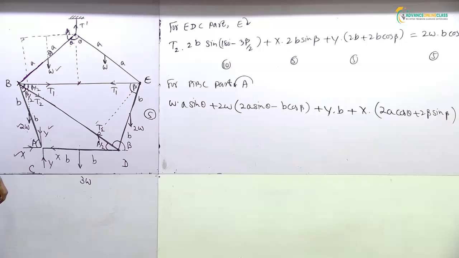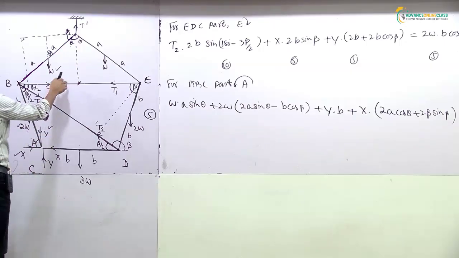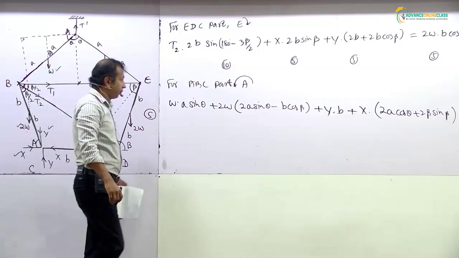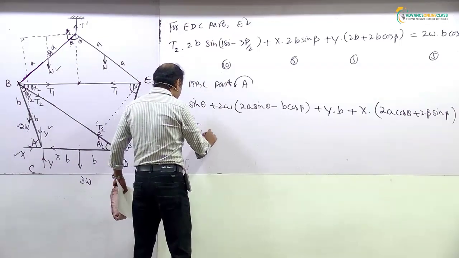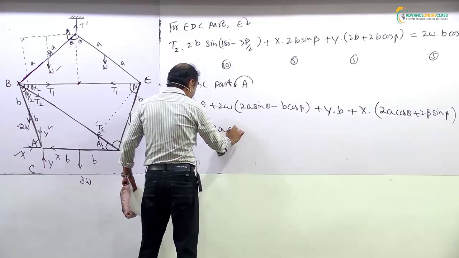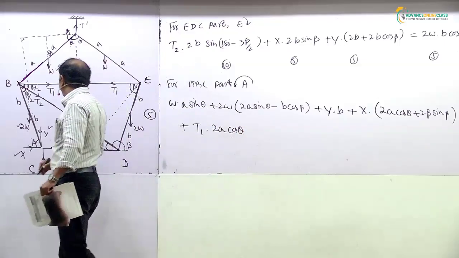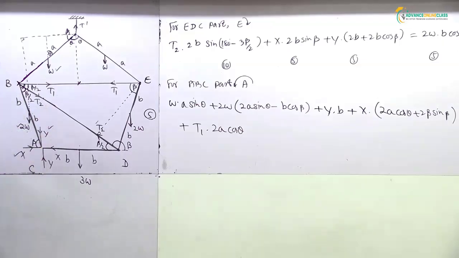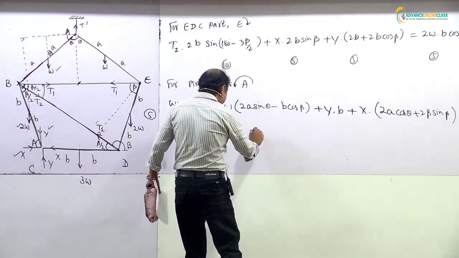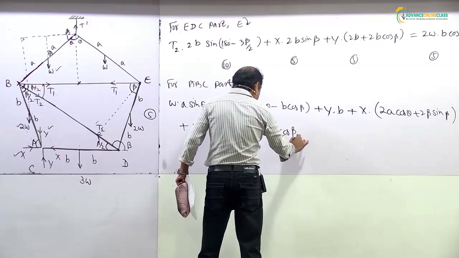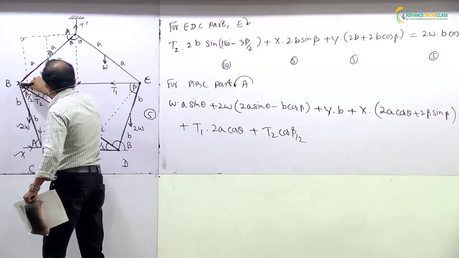Right. T1. What's that? This height, 2a cos theta. T1 into 2a cos theta. Another one more, T2. T2 resolved this way: T2 cos beta by 2 and T2 sin beta by 2. Now, T2 cos beta by 2, that component comes along this line.